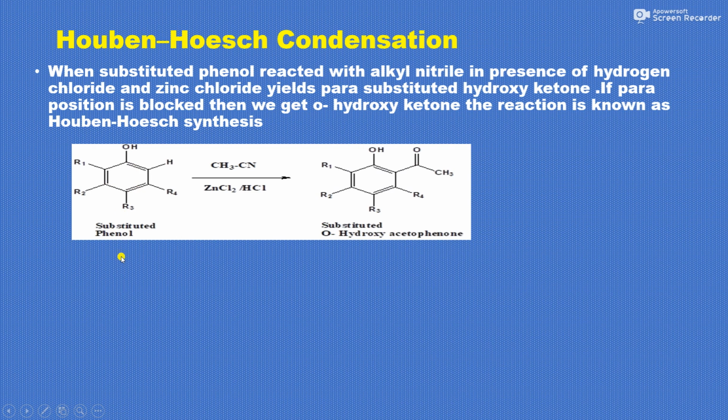So this is a substituted phenol. We have substituents R1, R2, R3, R4, and when only one position is open, having a proton, and it is reacted with methyl nitrile in presence of zinc chloride and HCl, we get an insertion of CH3CO, that is, an acetyl group.